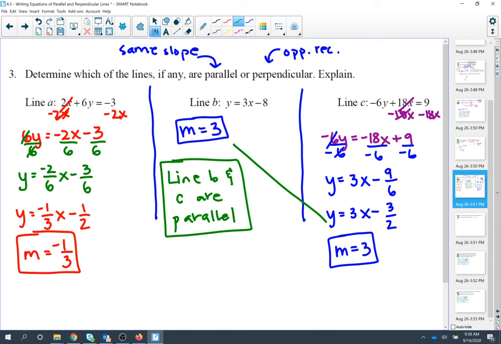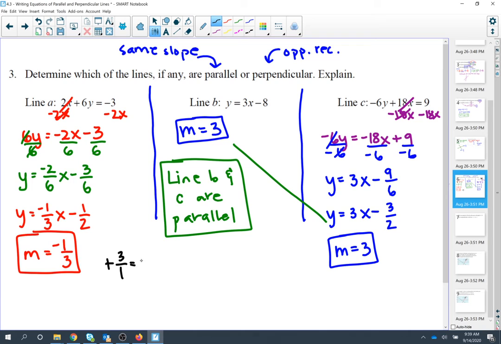Now, the question is, well, what about line A? Is that perpendicular to anything? Well, perpendicular means opposite reciprocal. So if I take a 1/3 and I flip it upside down, that would become 3/1. And if I do the opposite of a negative, that would be positive.